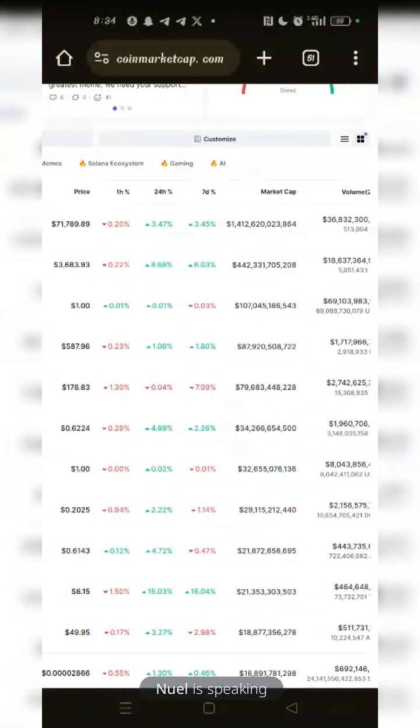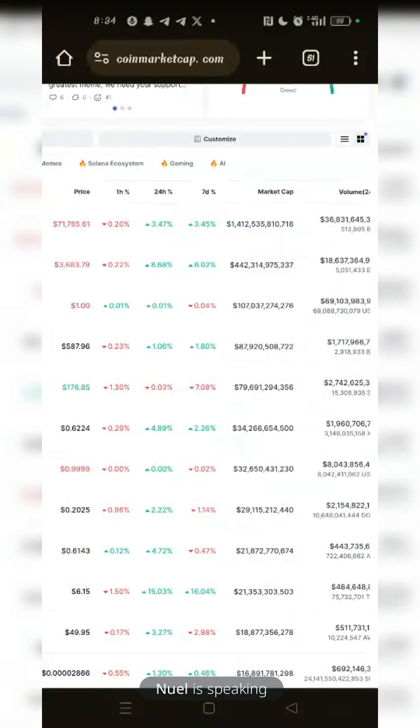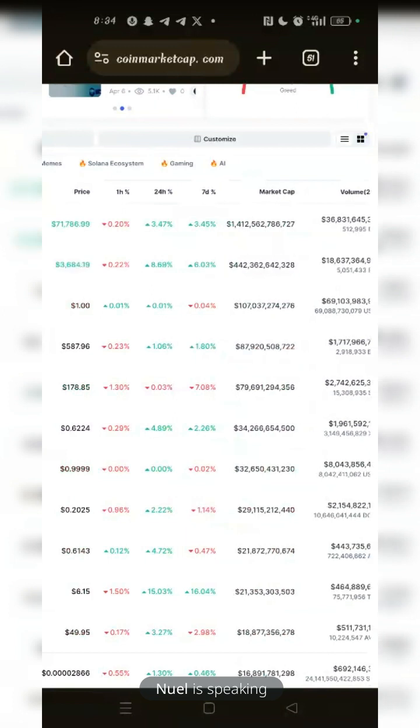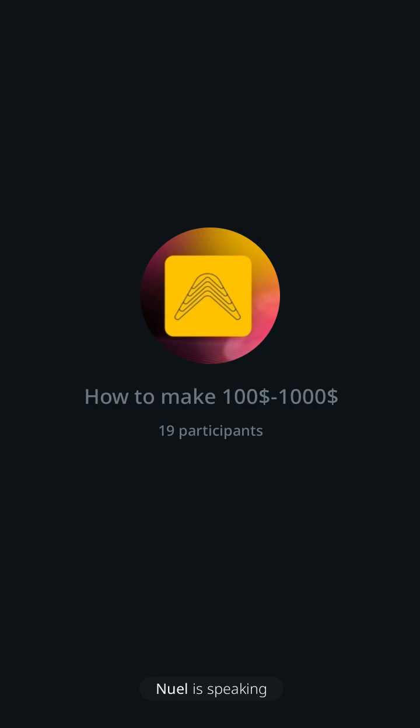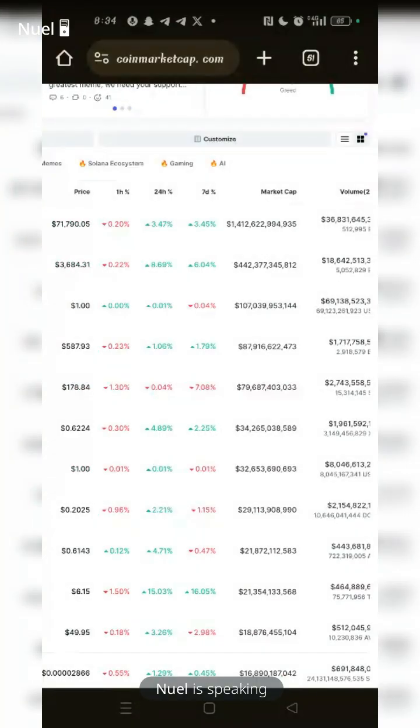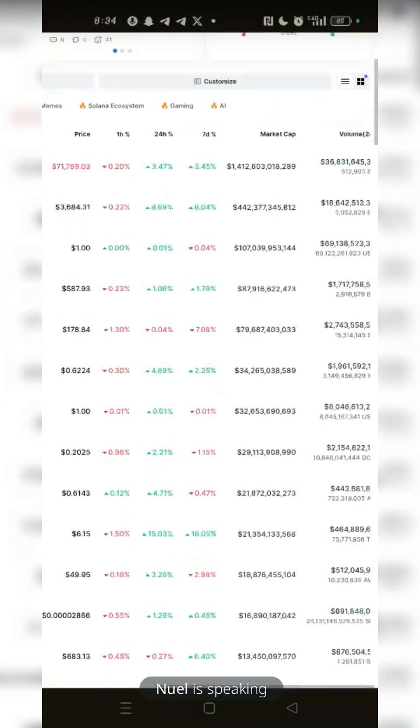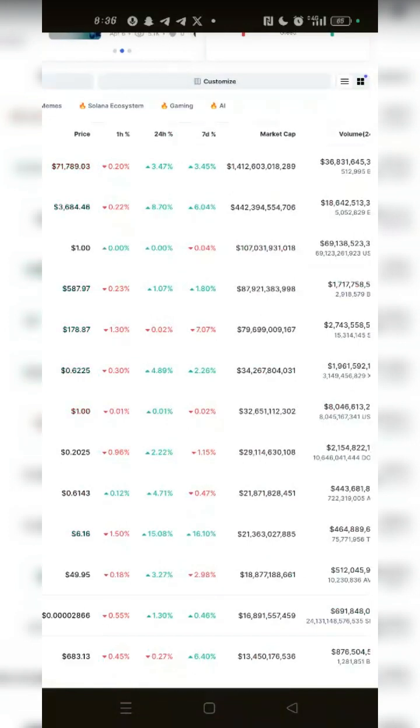You are seeing the market cap of Bitcoin, which is about 1,412,562,780,493,200 and whatever. Sorry, I think they are pulling the data on chain, so it changes. As people are buying and selling, the figure changes. So this is the market capitalization of every project.